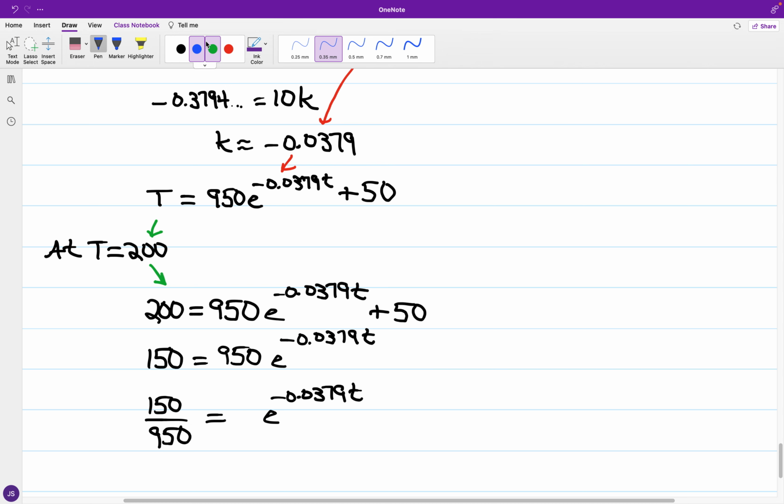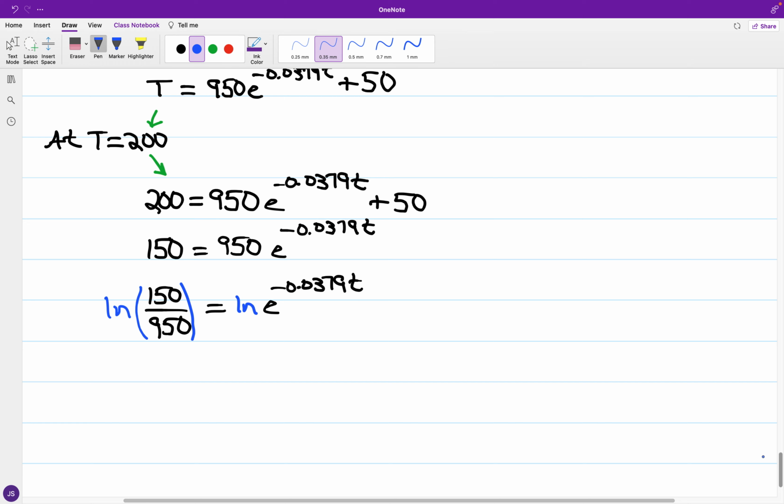And once again, we can take the natural logarithm of both ends. For 150 over 950, the natural logarithmic value is somewhere around negative 1.8458.